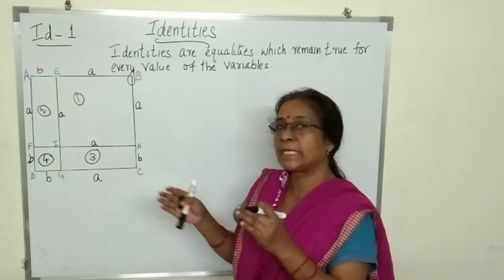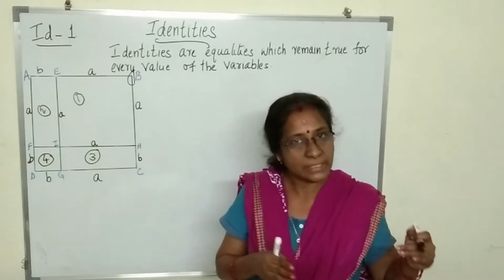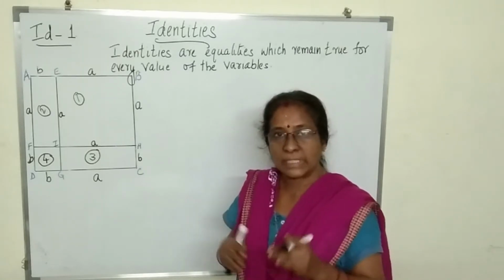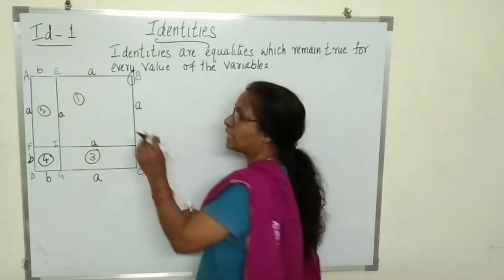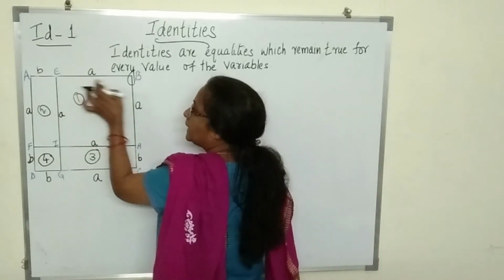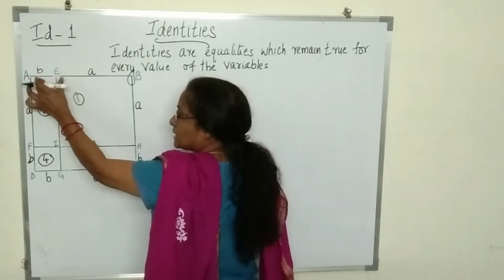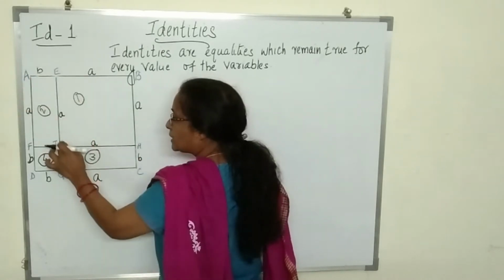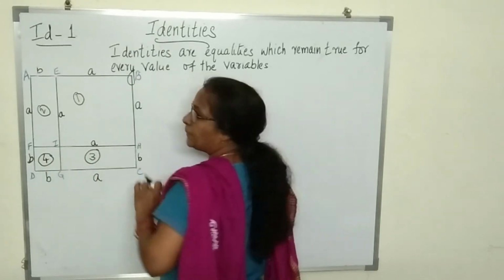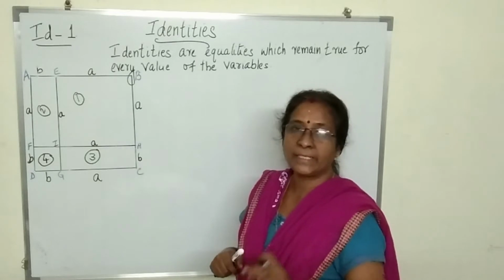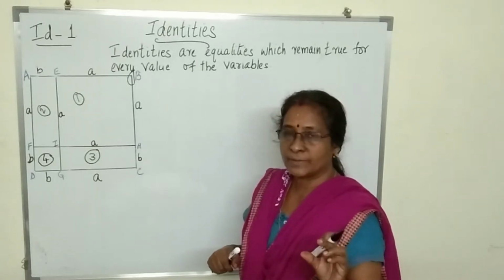So if you increase the length, you should also increase the breadth so that the length and breadth will be the same. So the length was A, we added B here. Similarly, the breadth was A, we added B here. So to the length and breadth, we added the same unit.